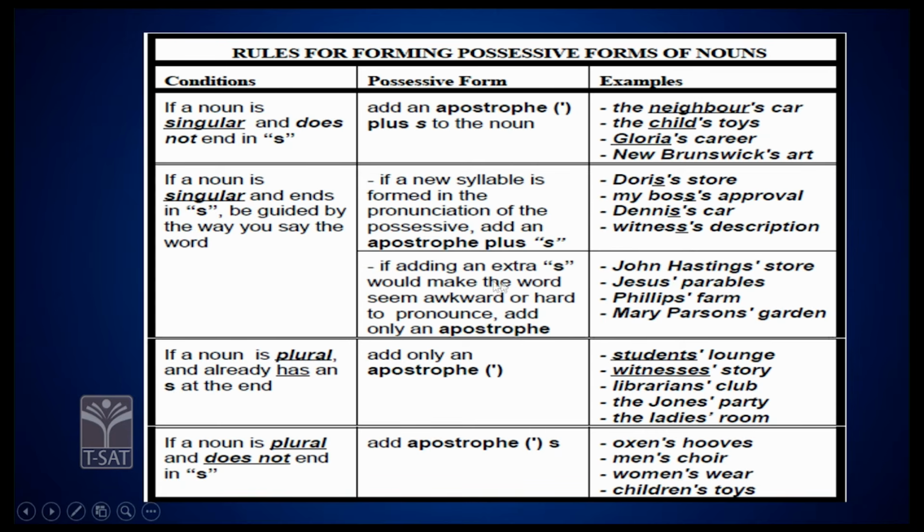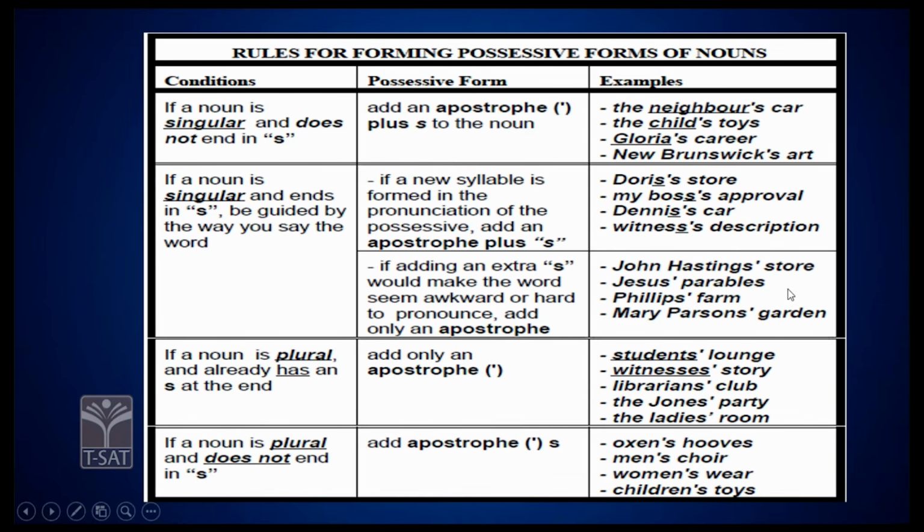If adding an extra s would make the word seem awkward or hard to pronounce, add only an apostrophe, right? For a noun ending with s, if you add apostrophe plus s and the pronunciation is going to be a little bit odd, then we have to add only one apostrophe. John Hastings' store. It is not John Hastings's store.